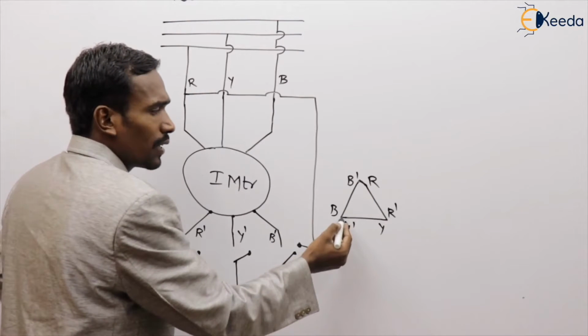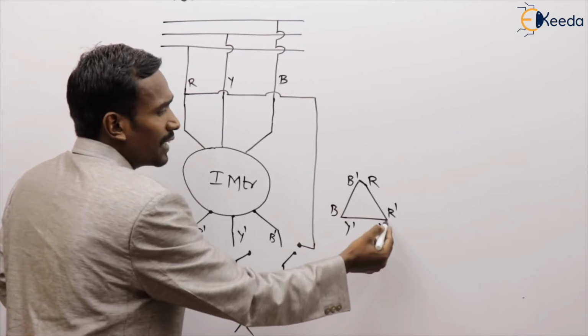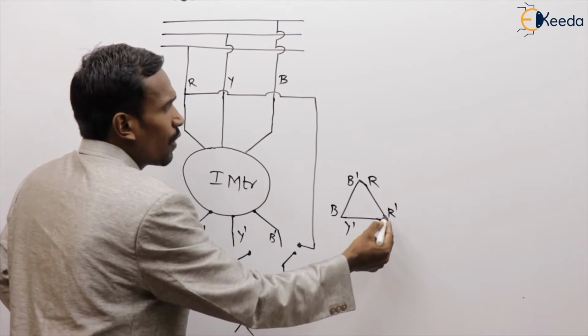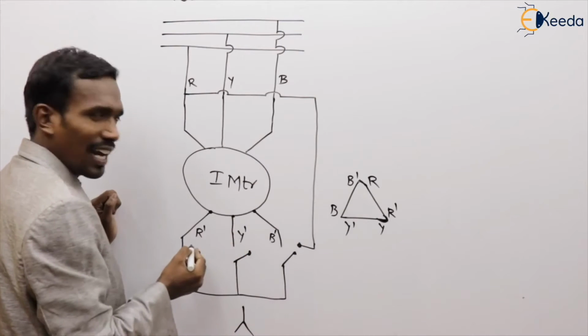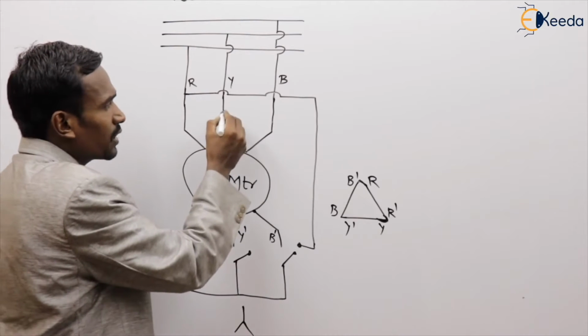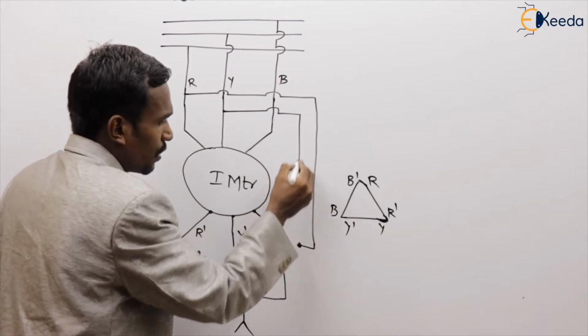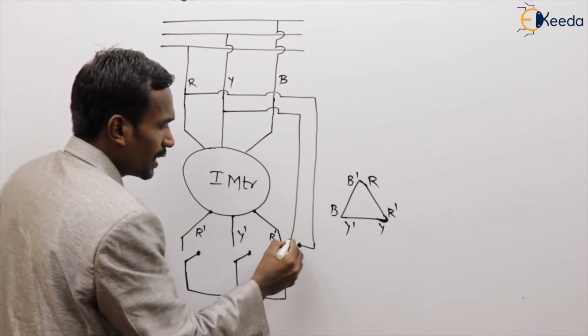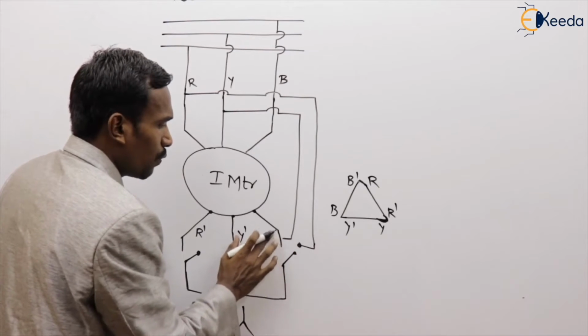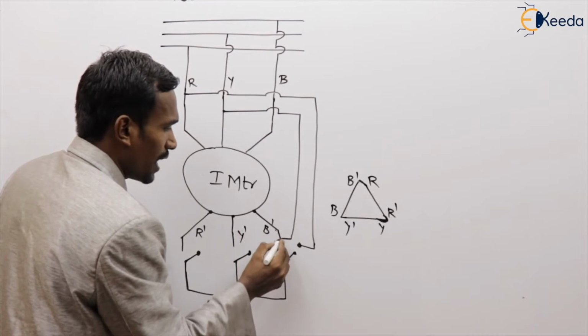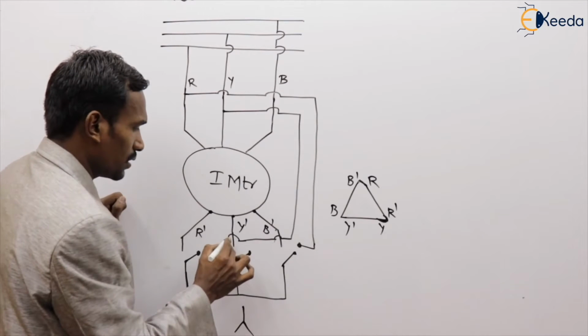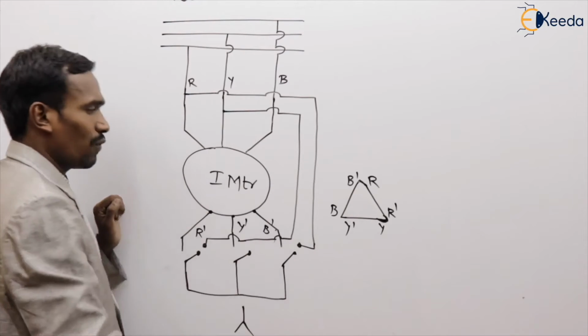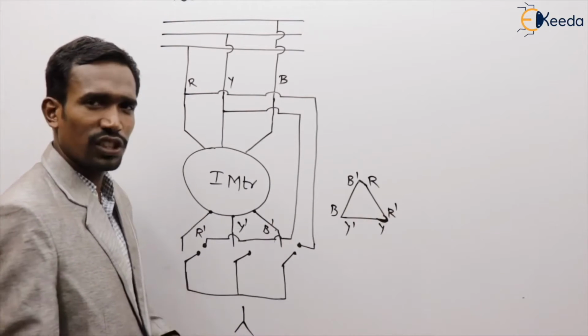Next one, Y should be connected to R dash. See here, Y should be connected to R dash.